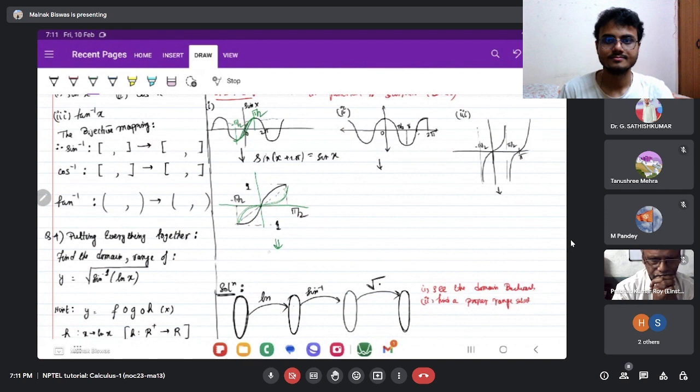So I'll flip this and interchange y and x. At 1, sine inverse, this is known as sine inverse x, will return pi by 2. At minus 1 it will return minus pi by 2.